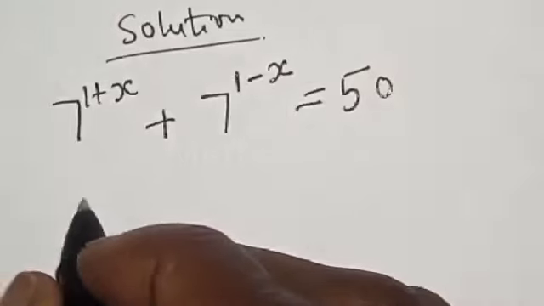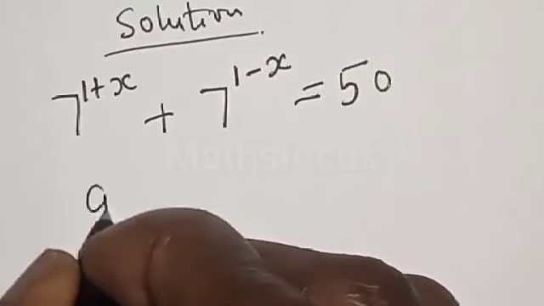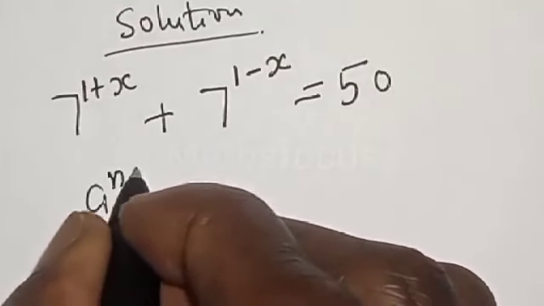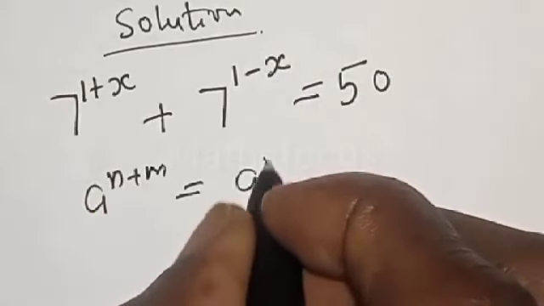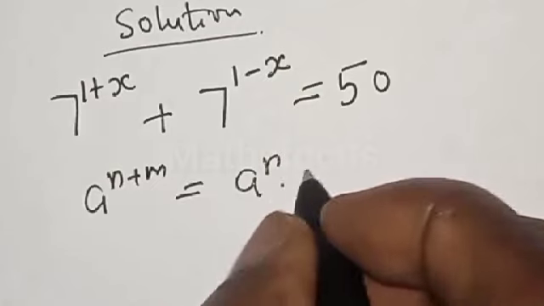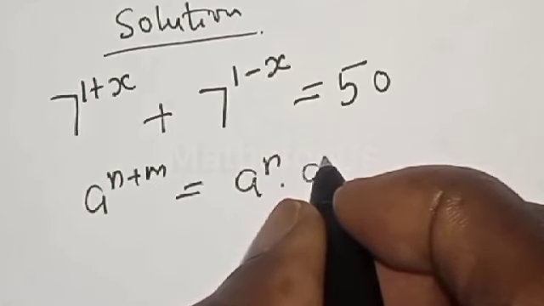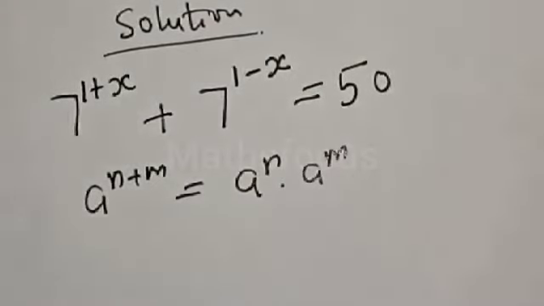Then remember, if you have a raised to the power n plus m, this is equal to a raised to the power n multiplied by a raised to the power m.